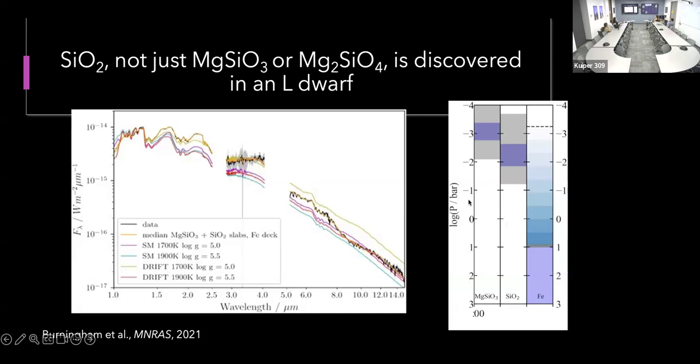And you can see here, this is like a little cartoon version of where these cloud layers are. This is the 1 sigma pressure levels of the clouds. So you have the enstatite just a little bit on top of this deeper quartz cloud. And then there's another iron cloud much further down at the bottom. Do you know how they determined that particular cloud structure?